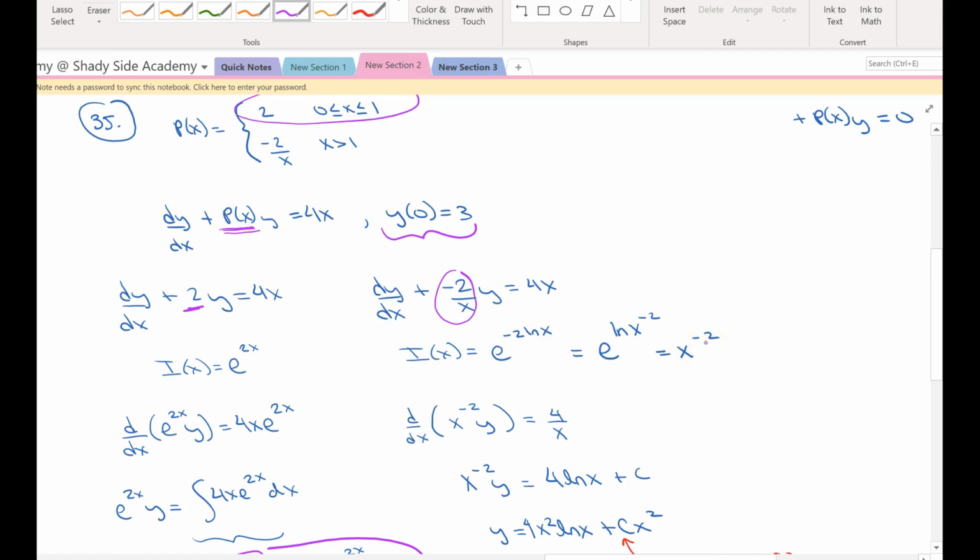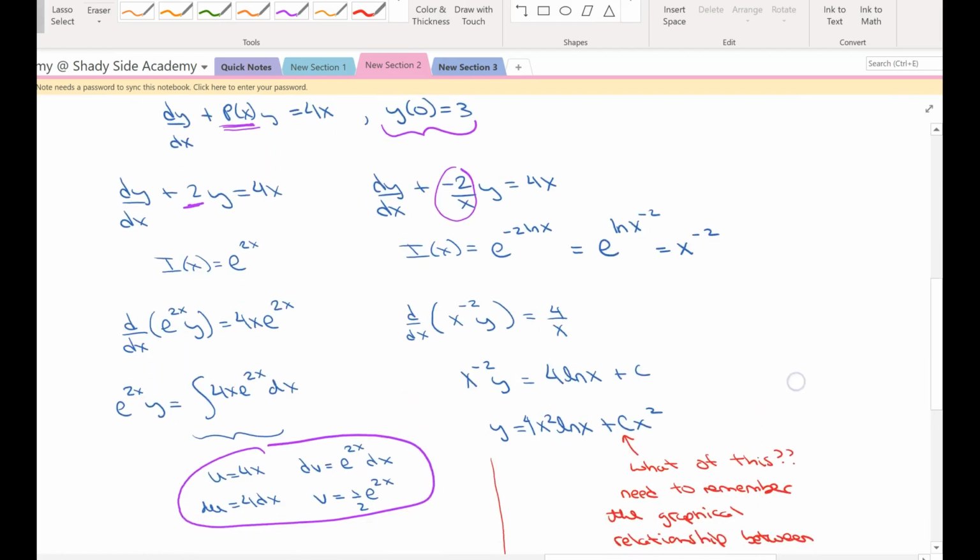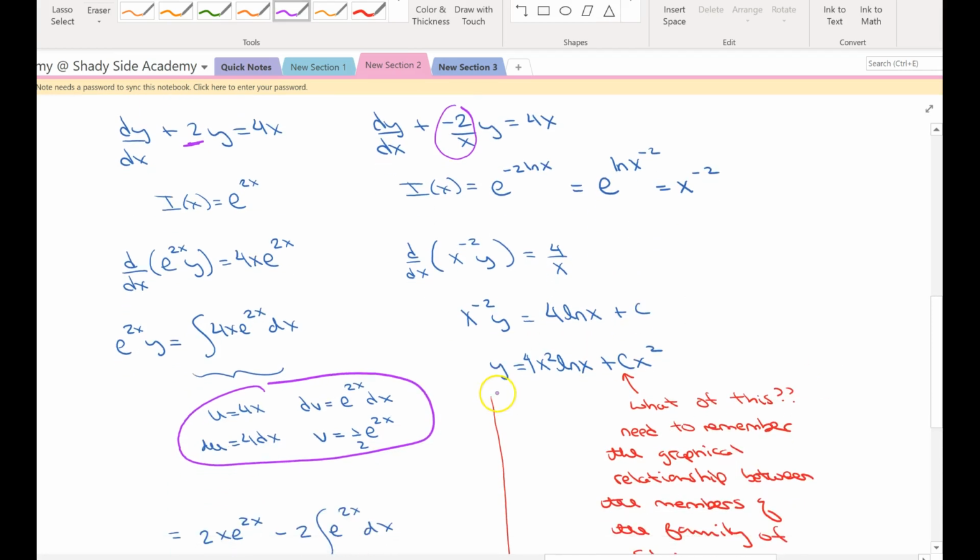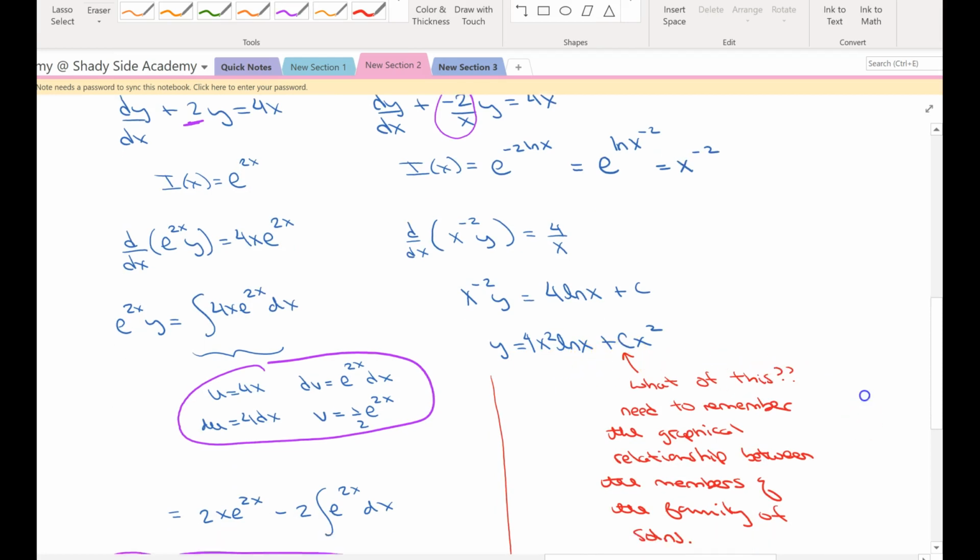You then multiply the diff EQ by the integrating factor, expressed on the left-hand side as the derivative of a product. Integrate the right-hand side here, and we get this function y equals 4x squared ln x plus cx squared.